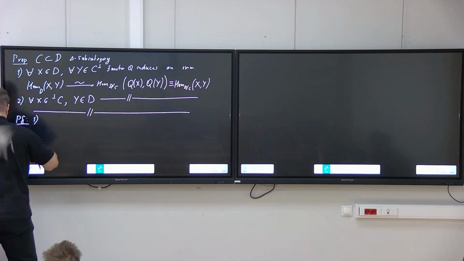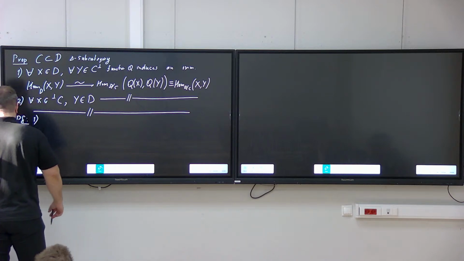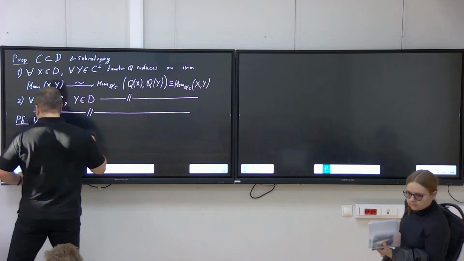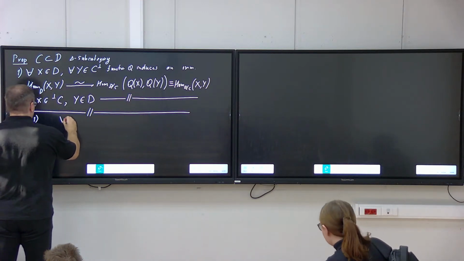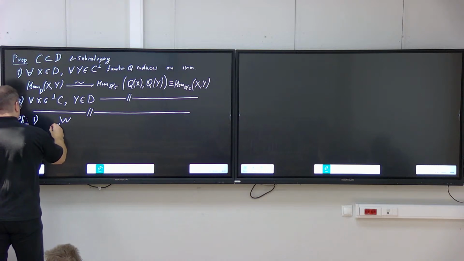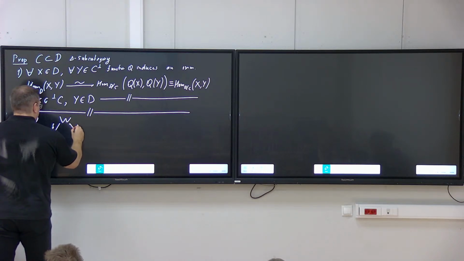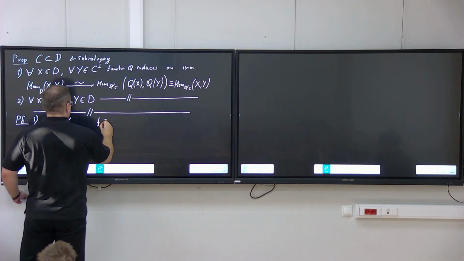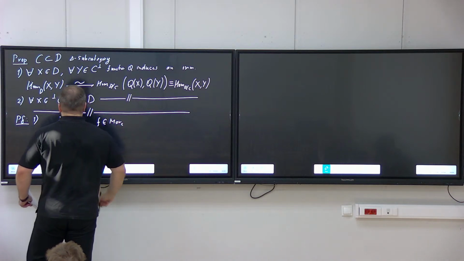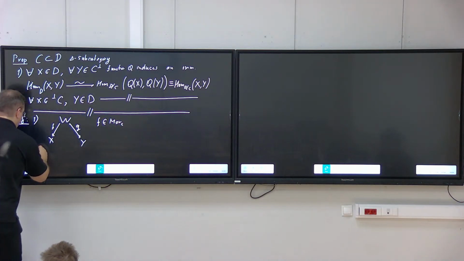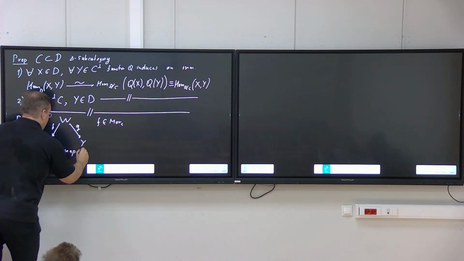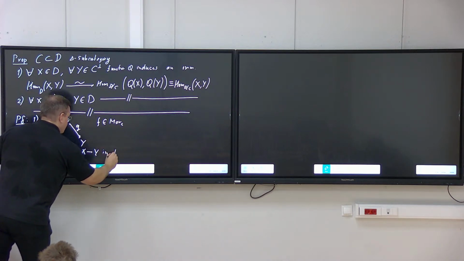So the proof of one: let's take a morphism from Qx to Qy. It is presented by some roof. So we can draw x, W, y, with maps F and G. Here, of course, I assume that F is in the Mor C. And this diagram represents a map x to y in D/C.